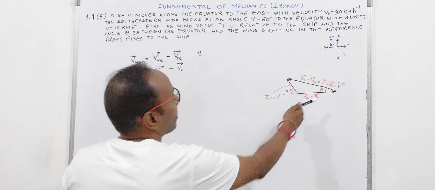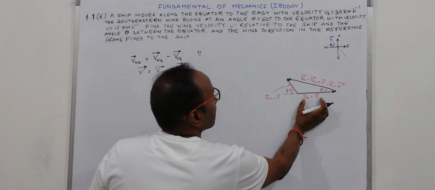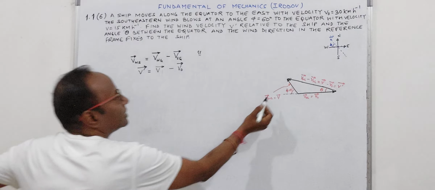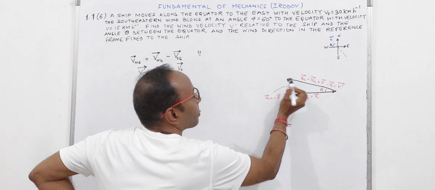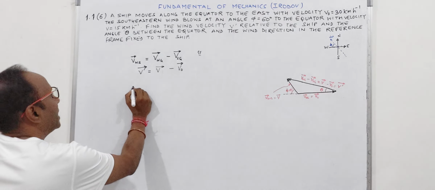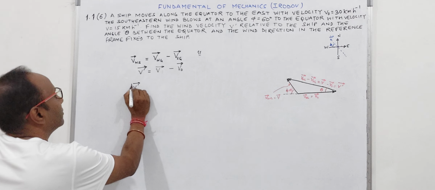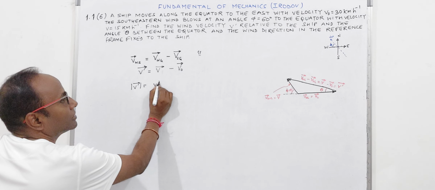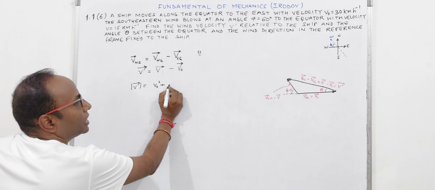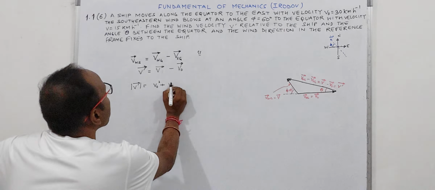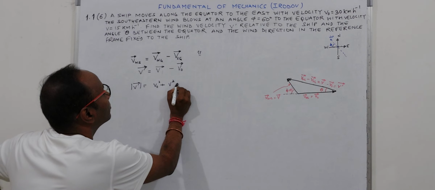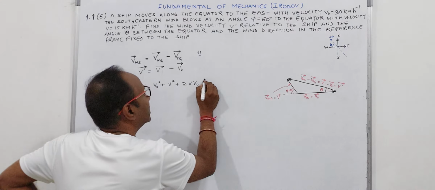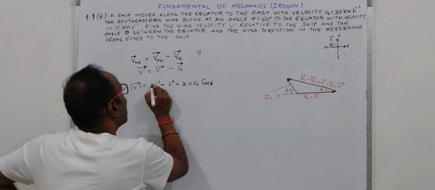So from the vector equations, you know that the magnitude of v dash in this vector diagram will be the square root of v0 square plus v square plus 2 v0 v cos phi.